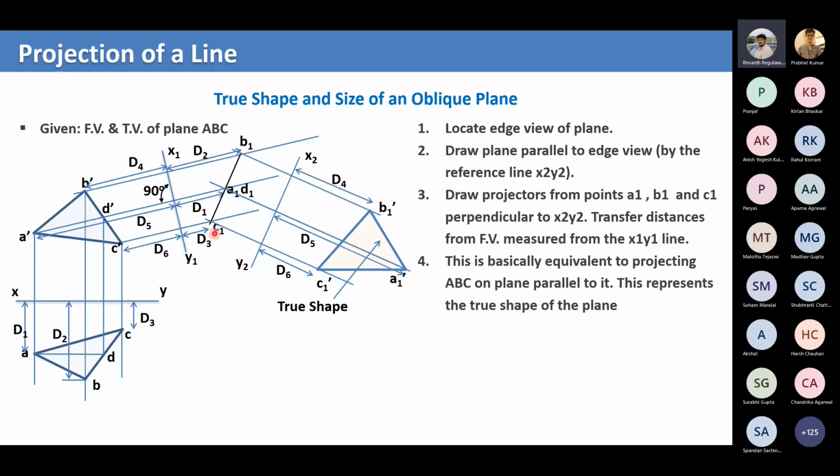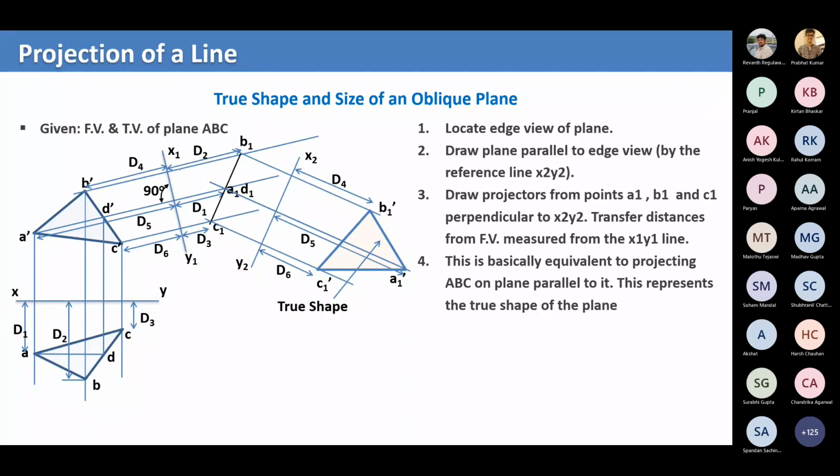So how do we do that? We have already converted this ABC into a straight line, A1 B1 C1. Now when you see this plane perpendicularly, that is from this direction, you get the true shape of the plane.